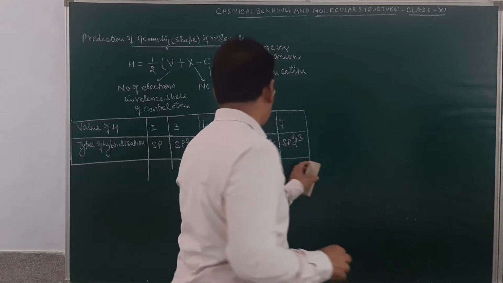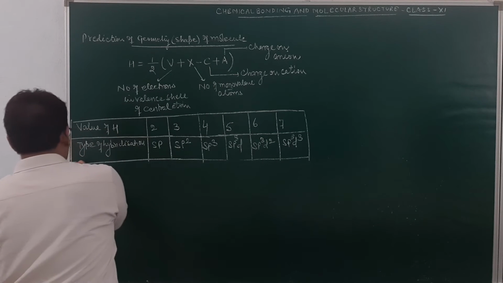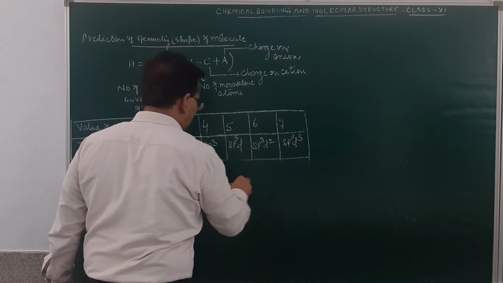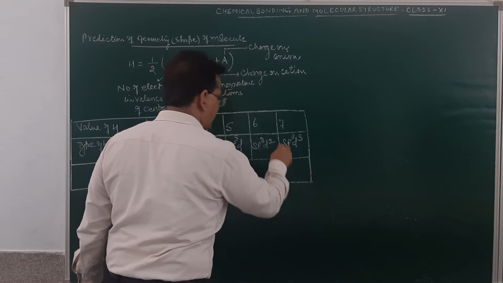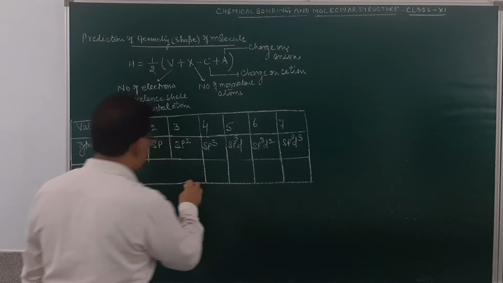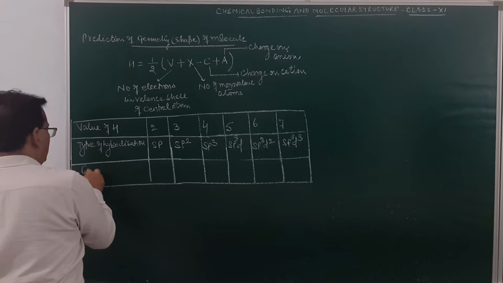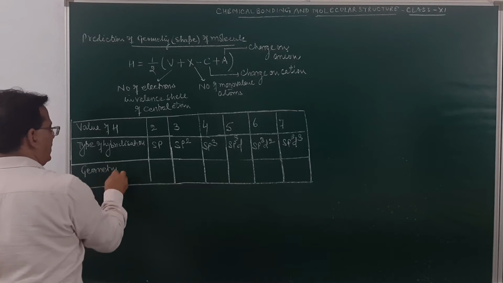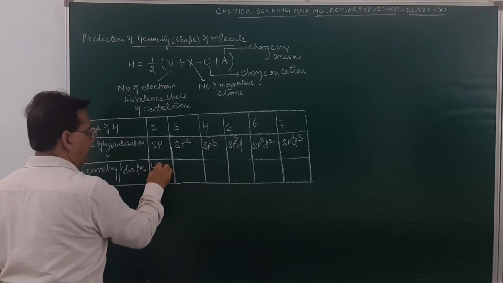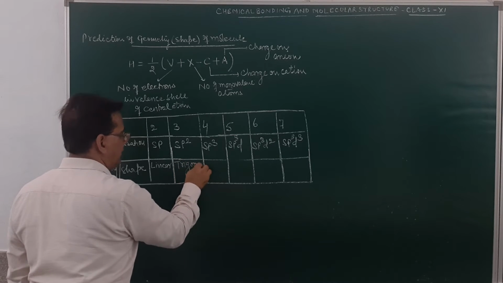Now, we also discussed with you the geometry and the shape of the molecule. We are just trying to recollect what we discussed. So the geometry or the shape of the molecule: if it is sp, the shape of the molecule will be linear. sp2, it is trigonal planar.